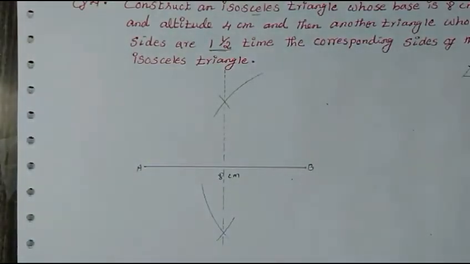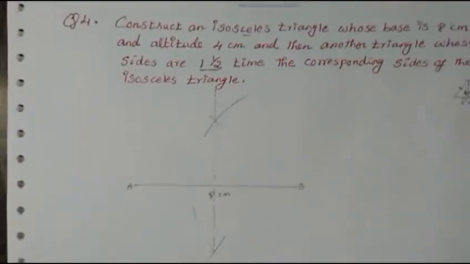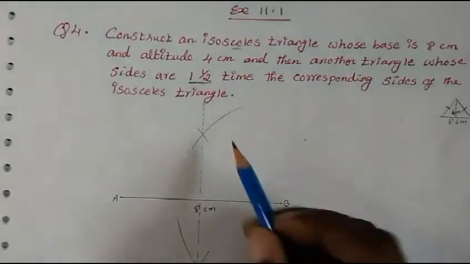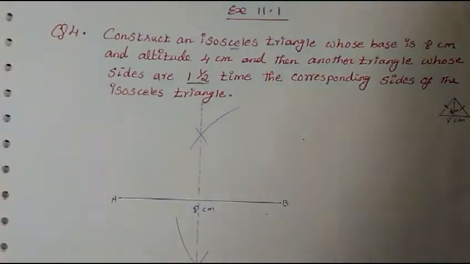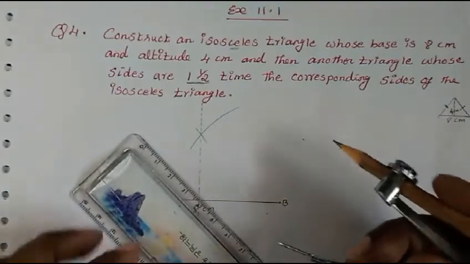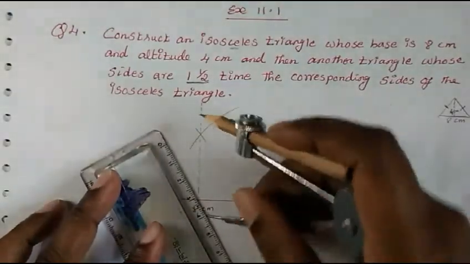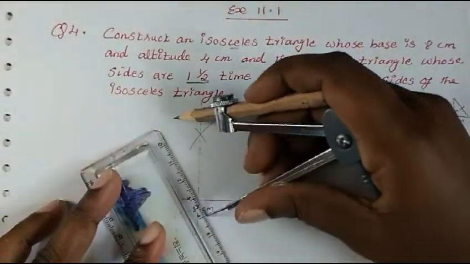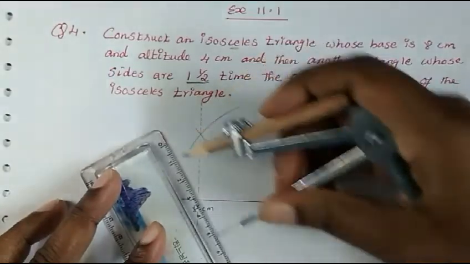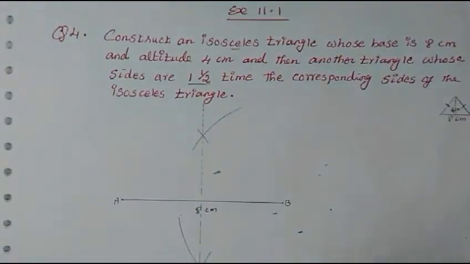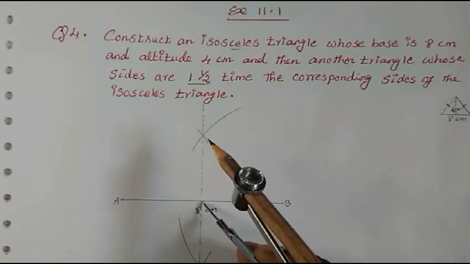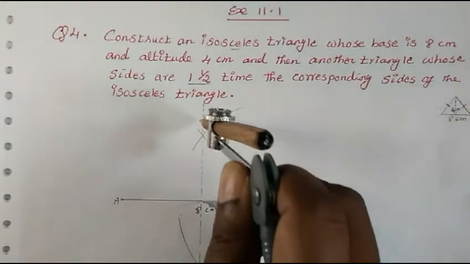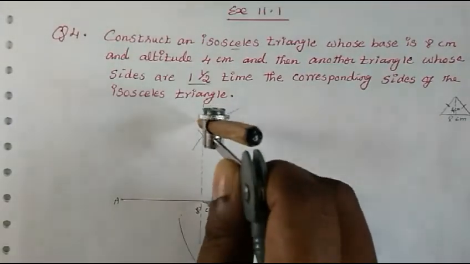Okay, this became our altitude. Now we have to see that altitude should be 4 centimeter. So we will take a scale and take a 4 centimeter measurement. Keep the center point here and draw the arc of 4 centimeter.